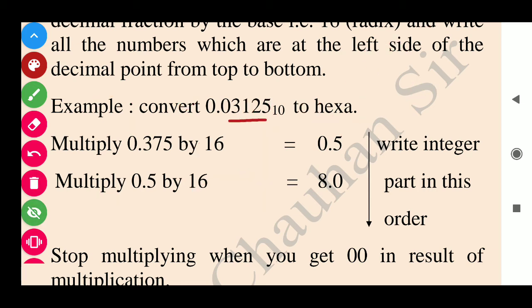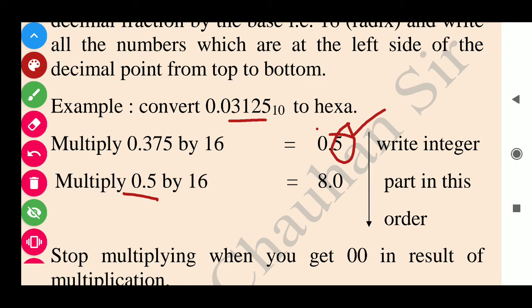This is your fractional part. So you have to multiply this fractional part by 16, as we were multiplying by 2 in binary. You will get this result, so you take this 0. Again multiply the number which has come here by 16.